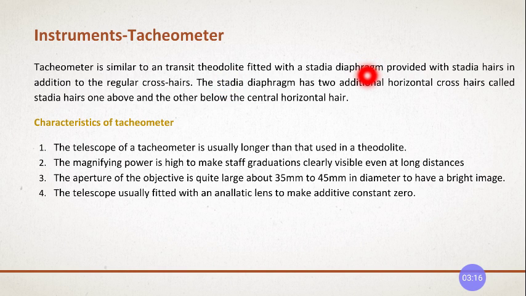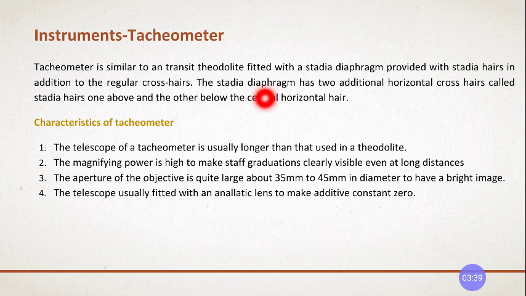We saw in the theodolite that a telescope has an eyepiece and an objective, and we have a diaphragm in between where the lens is fitted. That diaphragm has some additional crosshairs besides the normal crosshairs.